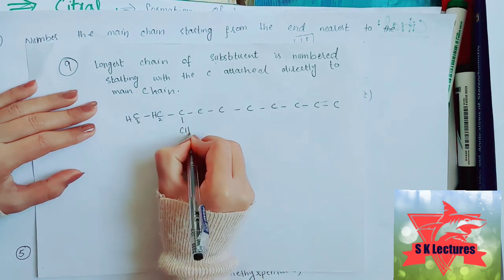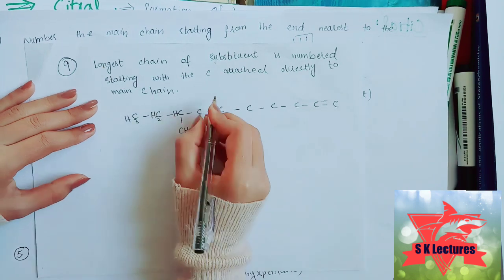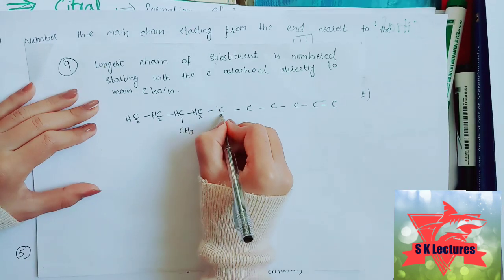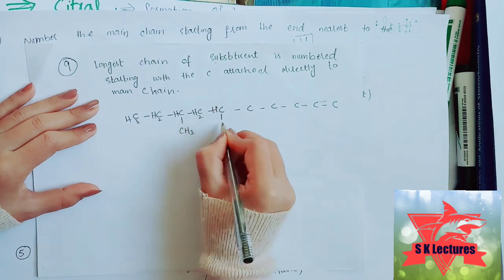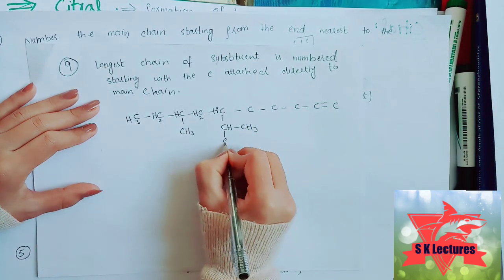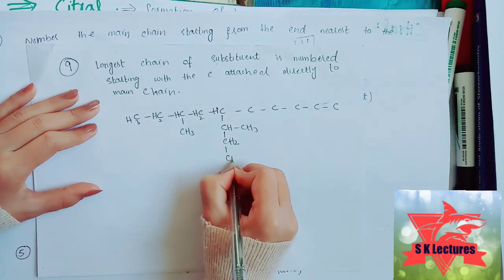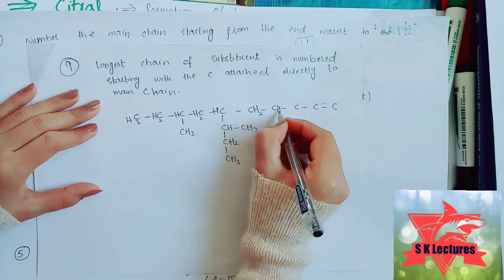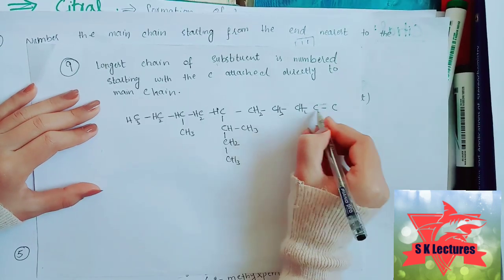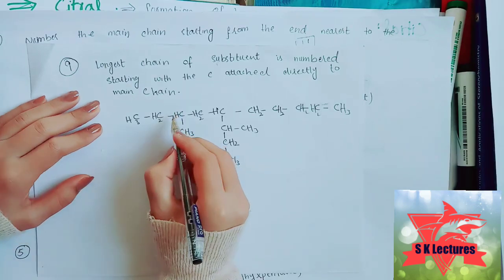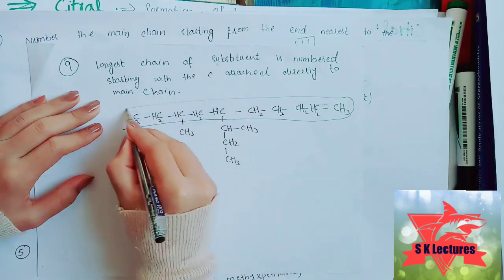So this is the main chain, 10 carbon atoms, a methyl substituent, and another substituent, that is the propyl subchain, with 3 carbon atoms. The longest chain contains 10 carbon atoms.